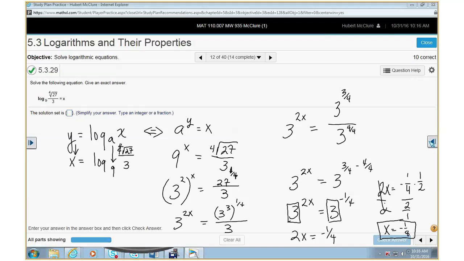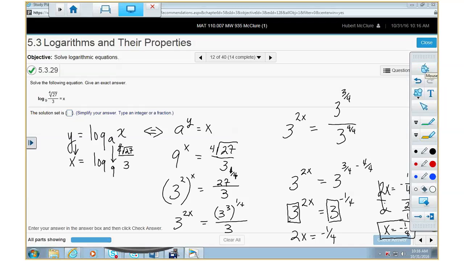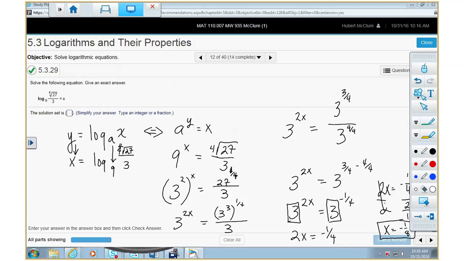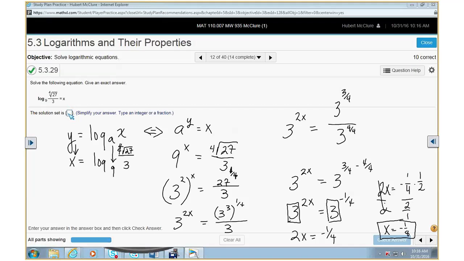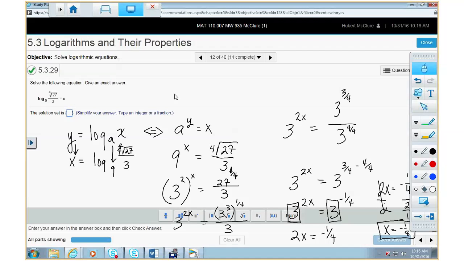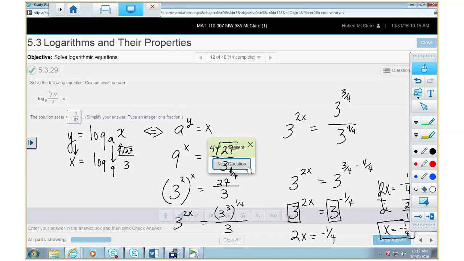So you take your handy dandy mouse and type in negative 1/8. At this point you propose a rejection. That's not right.